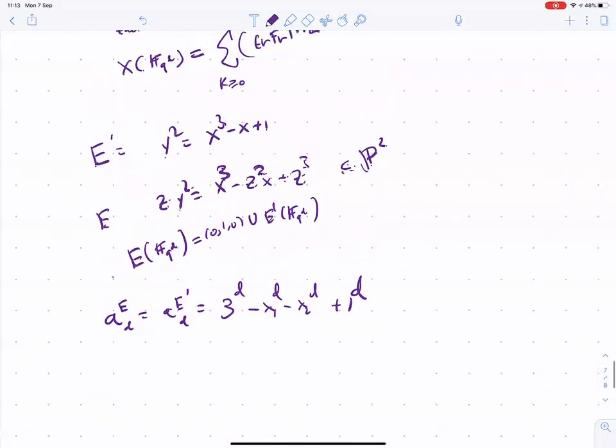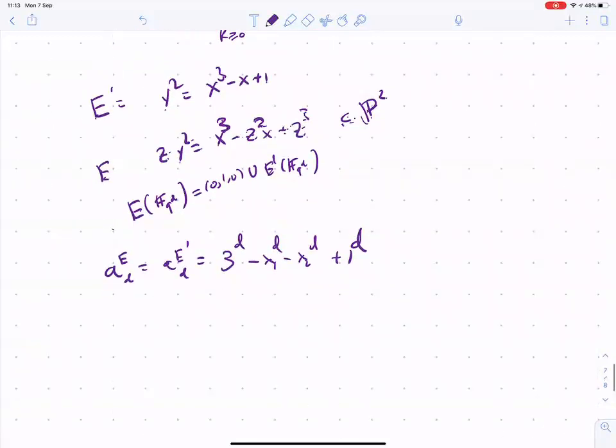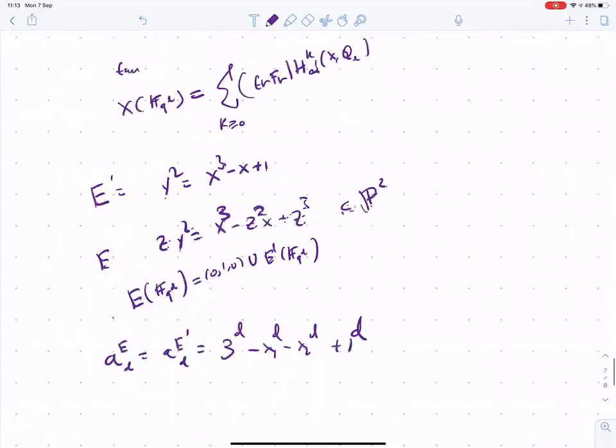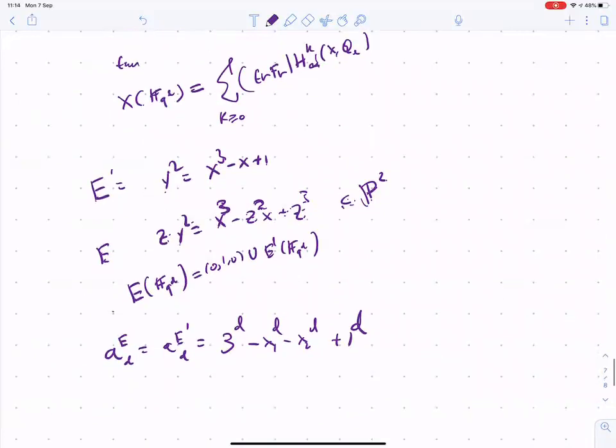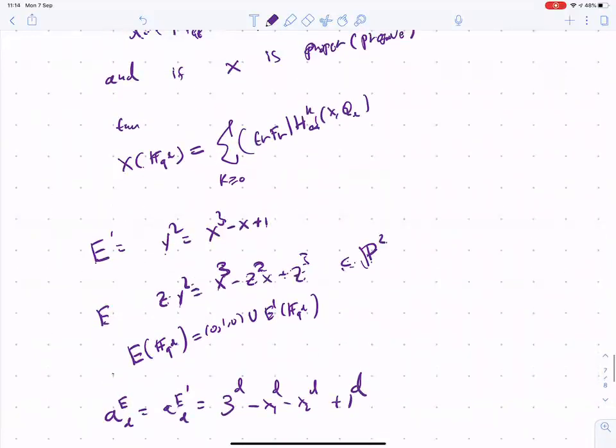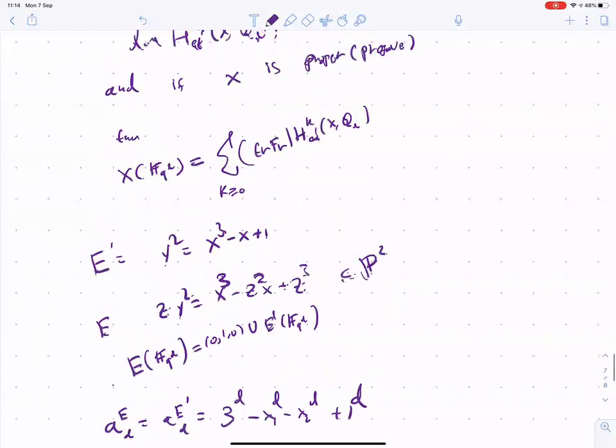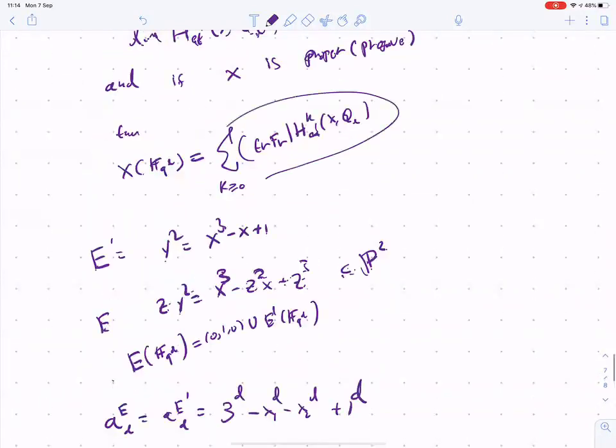And then we get that this is now proper, so it should satisfy this formula, right?